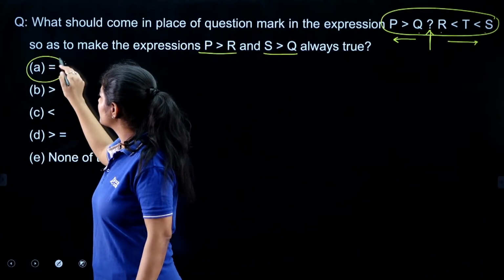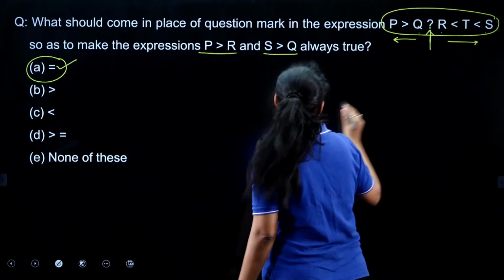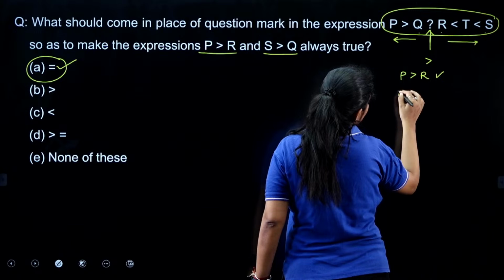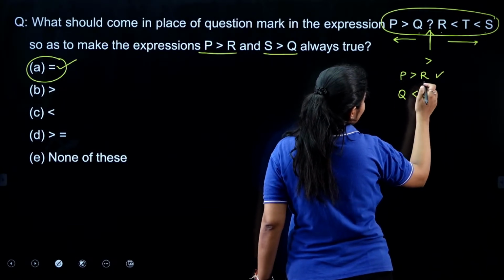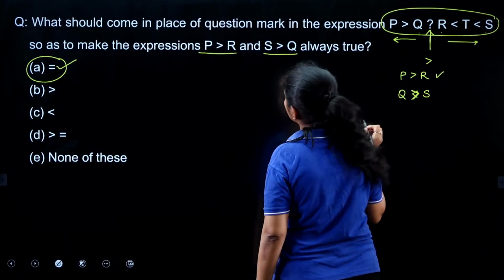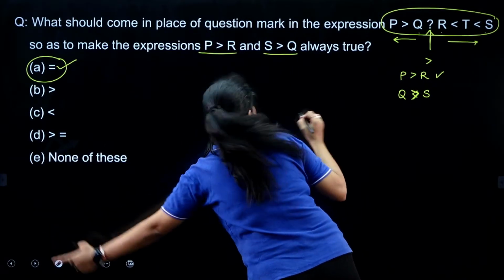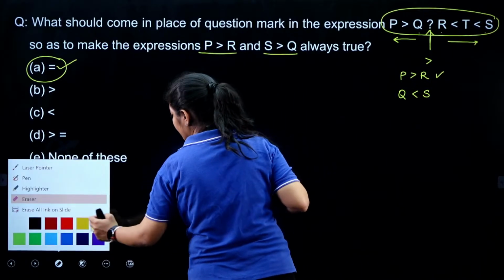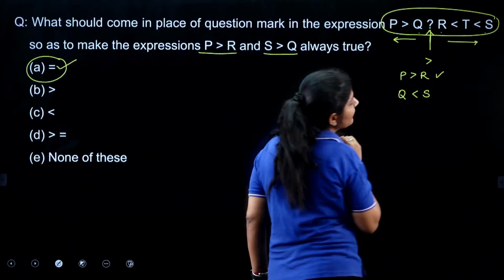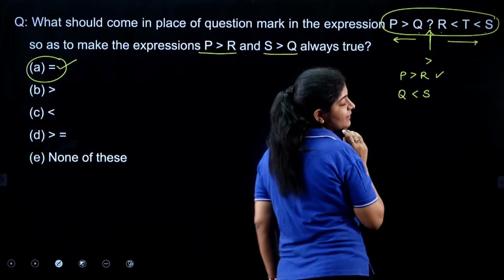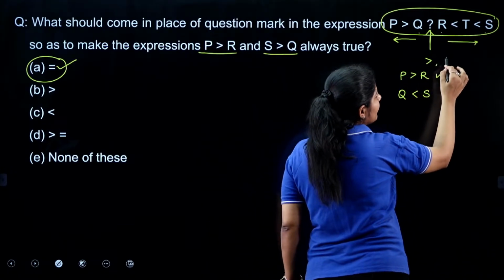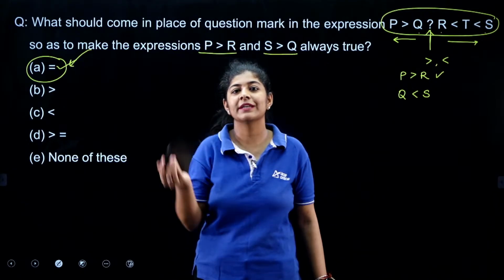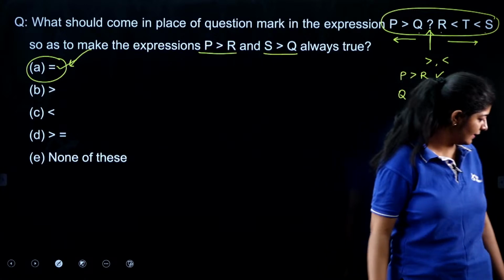That means option number A is the correct one, because if I put this over here, then P is greater than R is true, but here we are not able to define anything, as the signs in between the entities got changed. Similarly, the same thing happened with this one. So this is the only option which maintains the balance, right? Option number A is the correct one.